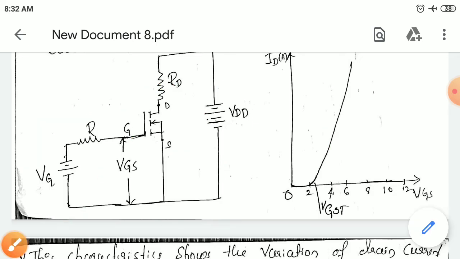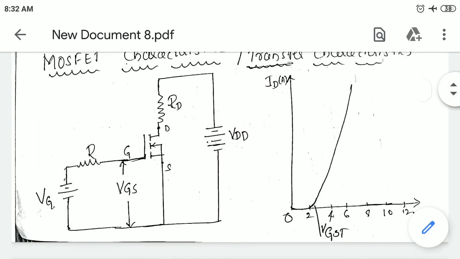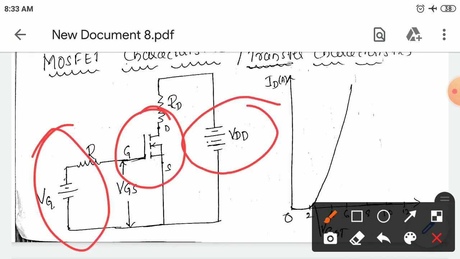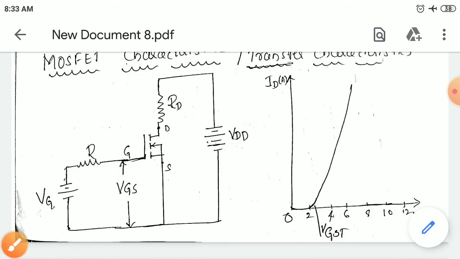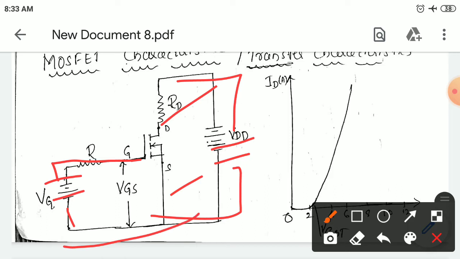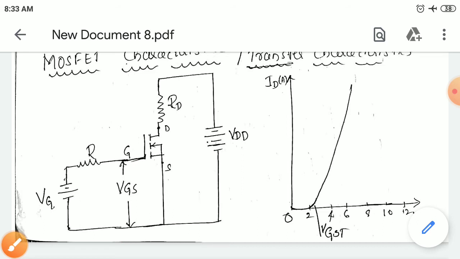Observe here: the drain source voltage and the gate source voltage. The supply given between drain and source is called the drain source voltage, and the supply given between gate and source is called the gate source voltage. This is the experimental setup to draw the characteristics of a MOSFET.